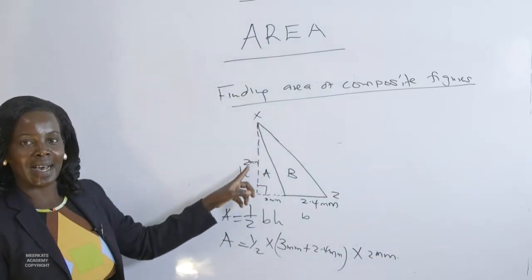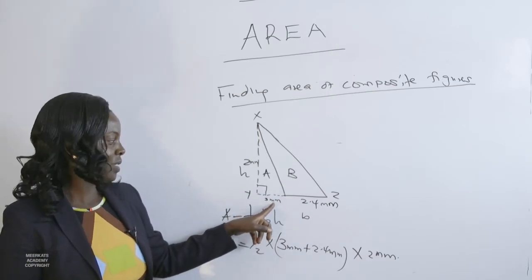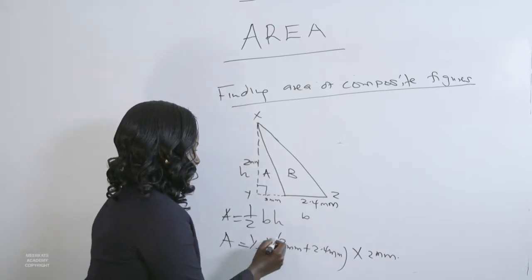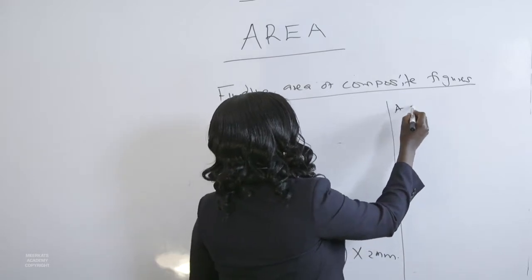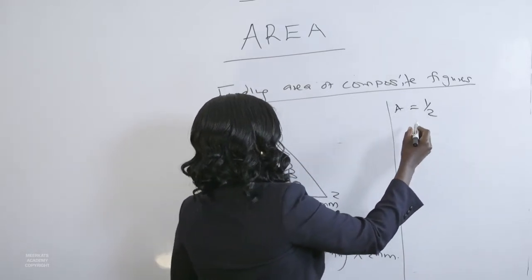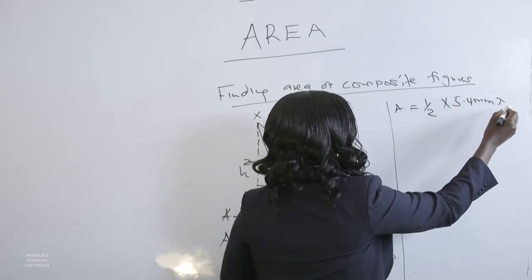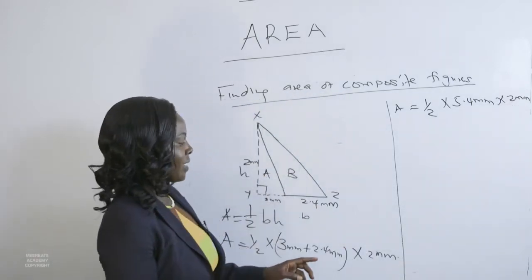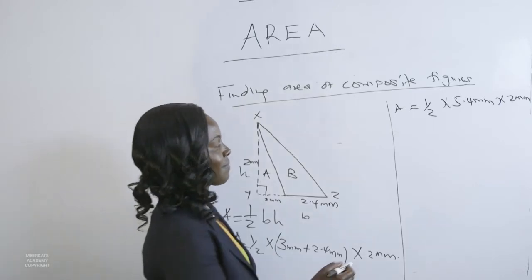So for the bigger triangle, the base is, we add the two, 3 millimeters and 2.4 millimeters. When we add, we get the base to be 5.4 millimeters.